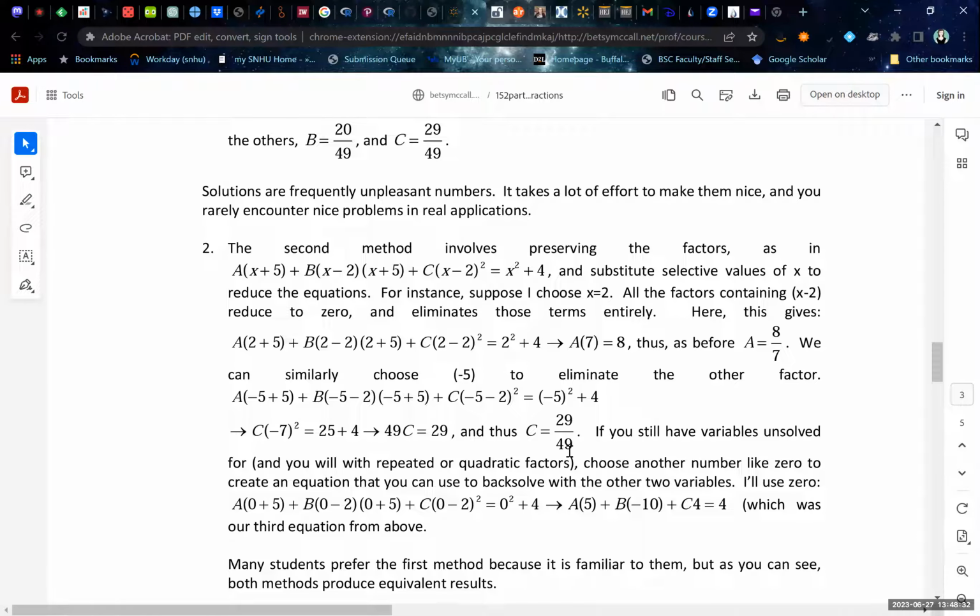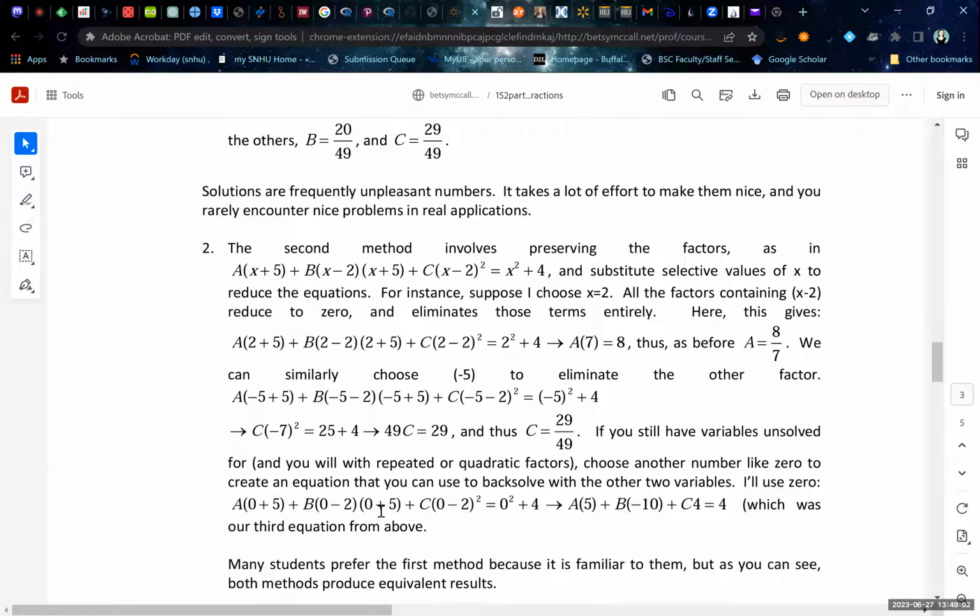And then if I still have variables to solve, which will usually happen if you have repeated factors or if you have quadratics where you can't plug in something to make it 0, then you can choose other values like 0. 0 often works, and simplify your expression and then plug in the values of the variables you were able to find.